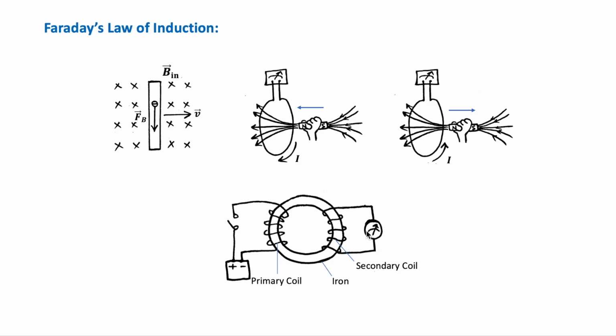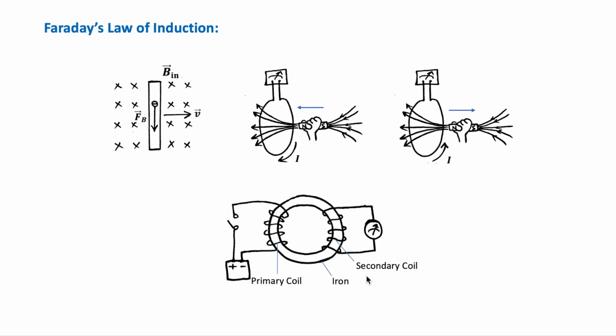So there's a current only for a very short time when the switch is opened or closed. And from these observations, Faraday concluded that an electric current is produced by a time-varying magnetic field. And so a constant magnetic field does not produce a current.